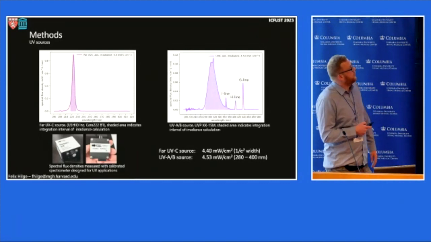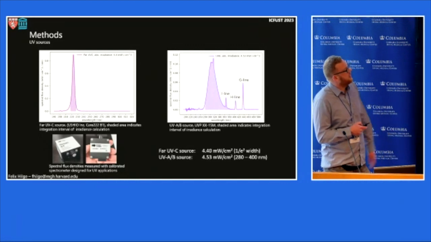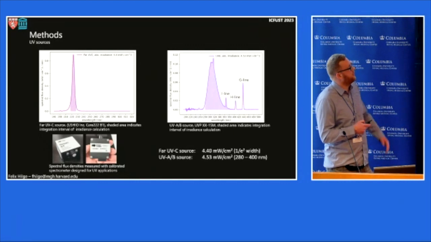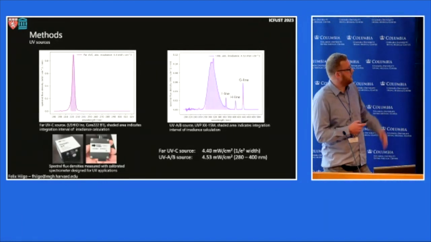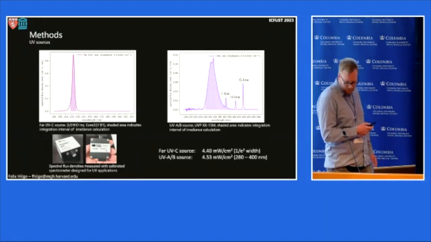And the UVB source also contains a little bit of UVA, but most of the energy is part of the UVB spectrum, and that's a mercury vapor-based lamp. And we characterized our light sources with a spectrometer that was freshly calibrated and designed for UV applications.